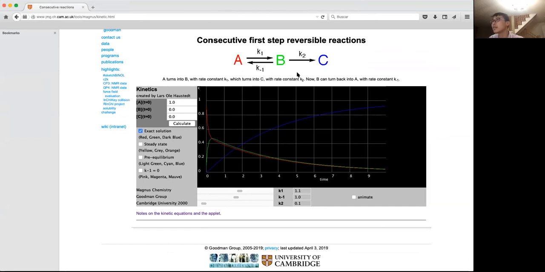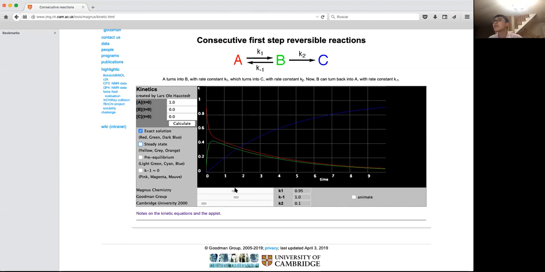The blue line is C. The green line is B, right? This is when we apply the steady state approximation. Right now, if we unclick it, these 3 lines are the exact concentrations. This is the steady state approximation. You cannot see the blue; the blue one is here.